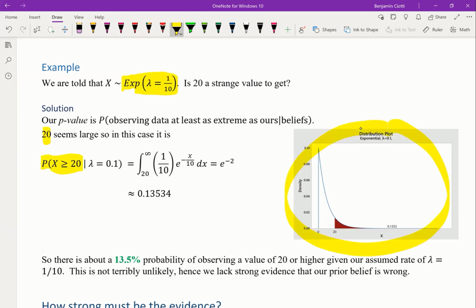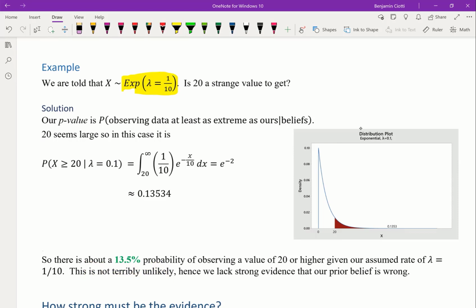Making a distribution plot under the assumption that lambda is 1/10 or 0.1, I find that the area to the right of 20 is 0.1353. So this is unlikely, but it's not terribly unlikely.